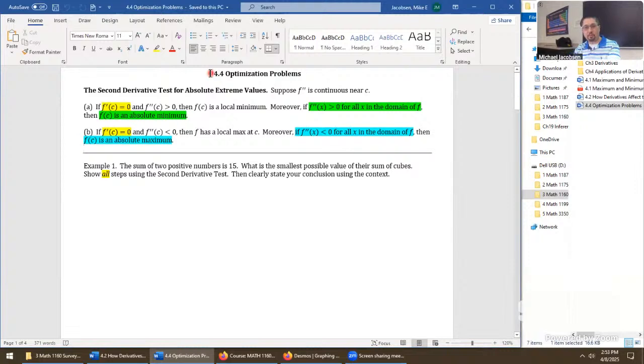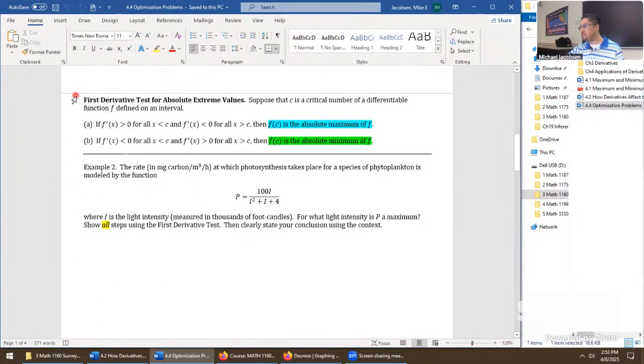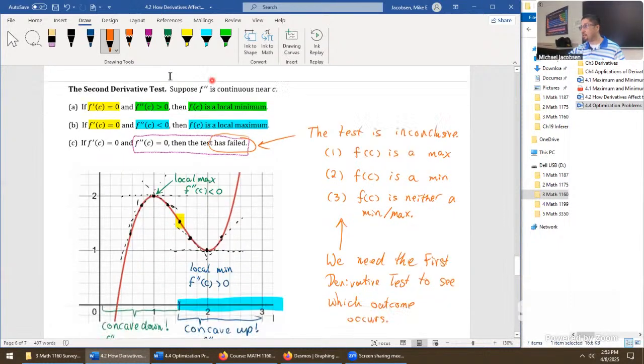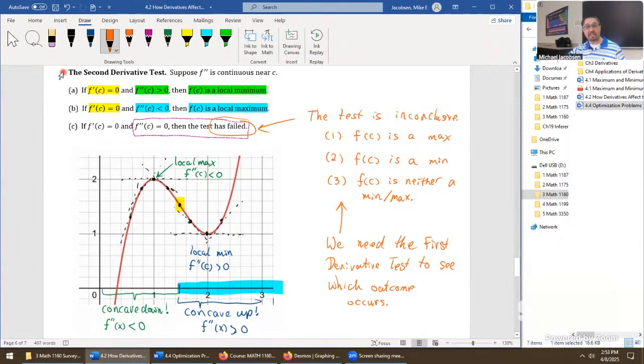And so part of our work in this section is to decide when is the second derivative test the best option and when is the first derivative test the best option. It all just depends on how hard is the derivative and what might happen with this third case here on part C. When things go bad, becoming inconclusive, we just use the first derivative test. But it's a fast enough test. We'll study it a little bit here on one more problem.